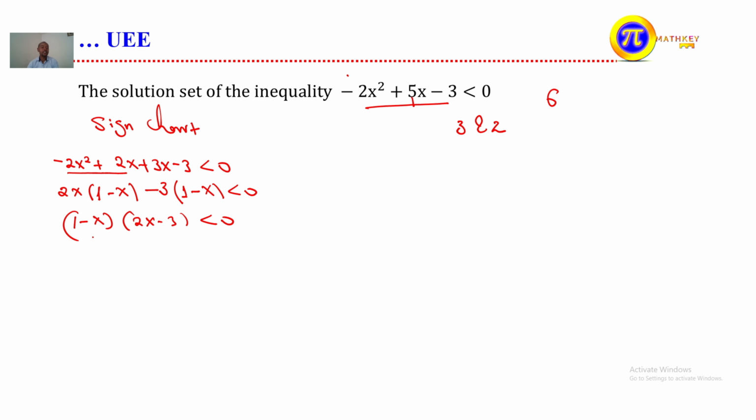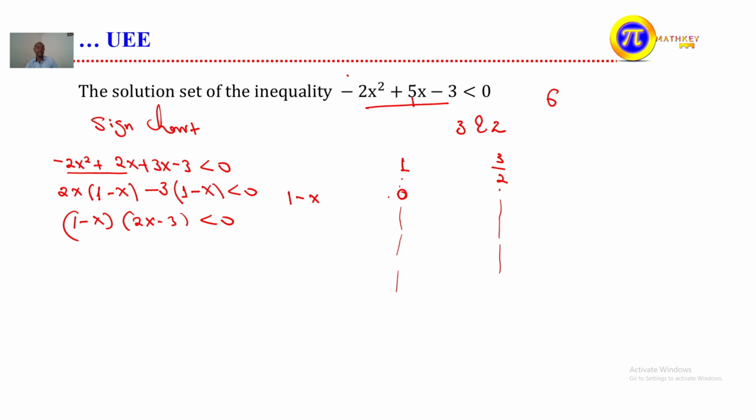So you try to find the zeros of these factors, 1 minus x as well as 2x minus 3. The zeros are 1 and 3 over 2. 1 minus x is 0 at 1. At the left of 1, is it positive or negative?